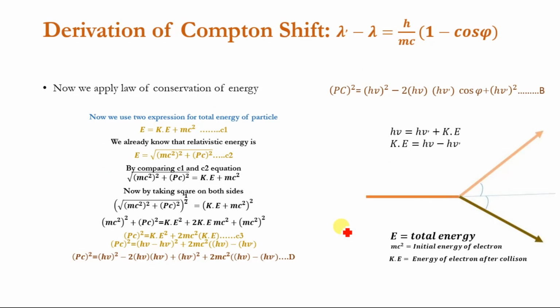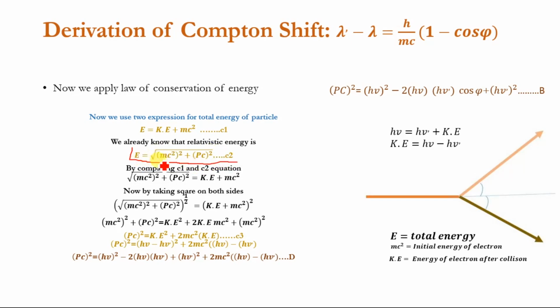Now we deal with energy terms. Here the total energy denoted by E is equal to kinetic energy plus mc square. Kinetic energy is the energy of the electron after collision, plus mc square, the rest energy of the electron, and E is the total energy of the electron after collision. Now we will use E is equal to whole under the root mc square whole square plus pc whole square.